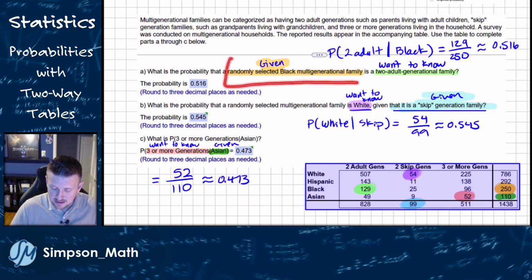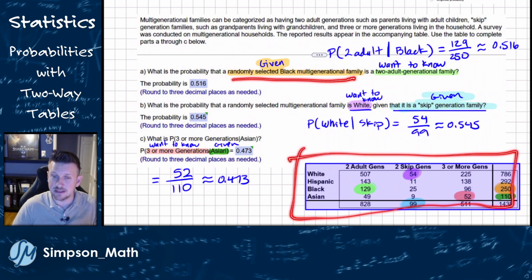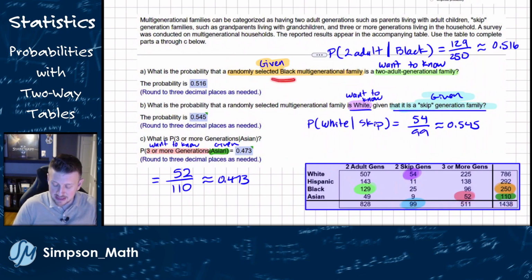Notice this is the way the wording of this problem is. It's implied that we're selecting among the black multi-generational families. Remember, all of these are multi-generational families, so really it's just among these black families in the study. What's the probability I reach into the bag of just black families and pull out two adult generational families?